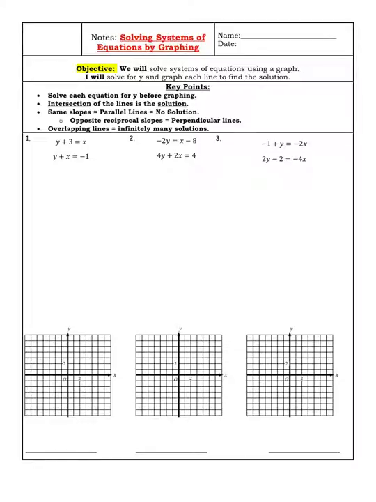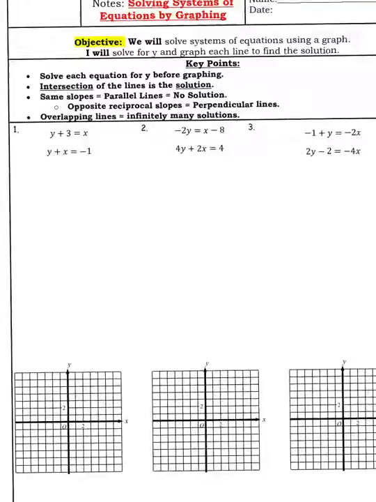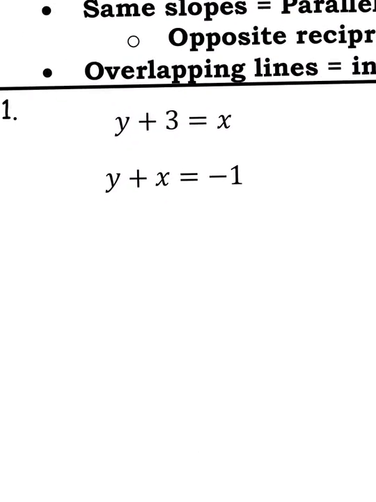If you have two lines that end up being the exact same thing, overlapping lines, those will be infinitely many solutions because you have overlapping lines. So anywhere you put a dot on the line, it's a solution, and you can do that for an infinite number of points. So with that being said, let's get started and let's solve this first one for y.